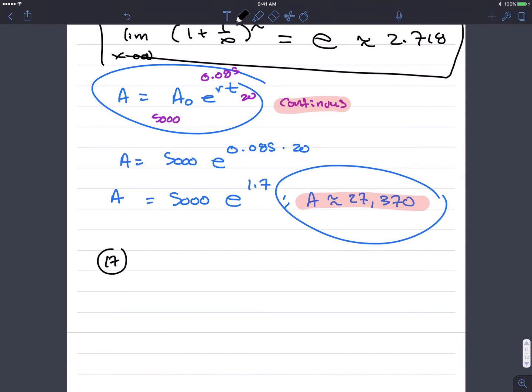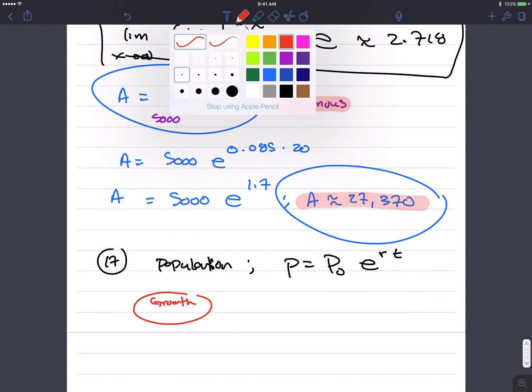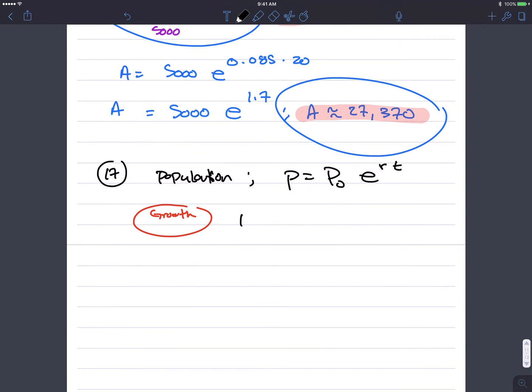So I want to say that population can grow similarly. We have P naught e to the KT, but it's really RT. Same idea. Let's put R for now. Now, if it's growth, it works the same way. But P naught here, what do you think P naught should stand for?